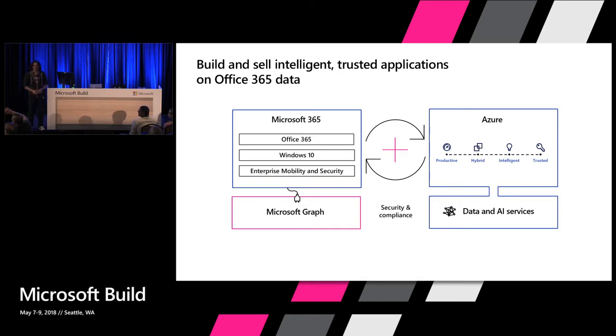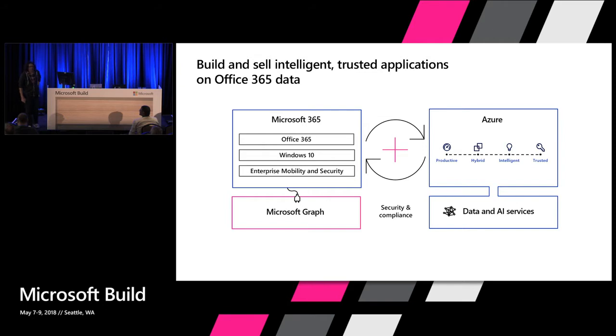And so all of the strengths of the data connections of Microsoft 365, of course Office 365, Windows 10, enterprise mobility and security, that all come from the Microsoft Graph, being brought into the secure boundary where customer privacy is paramount in Microsoft Azure, where of course there is a huge amount of capabilities within Azure, and then all of them help employees be productive, work in the cloud and hybrid, intelligent and trusted with the security and compliance posture of Microsoft Azure.